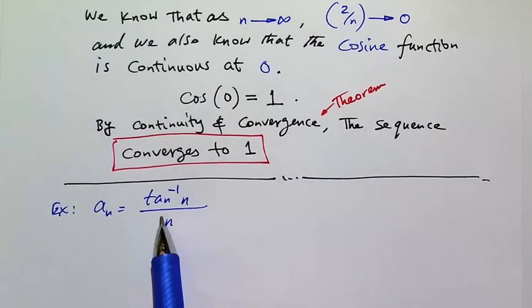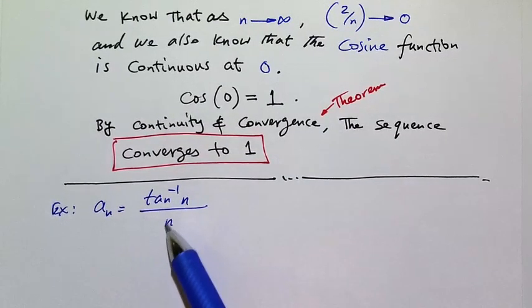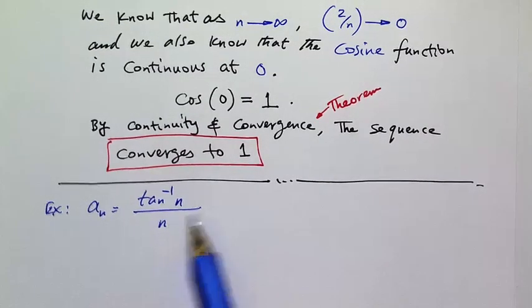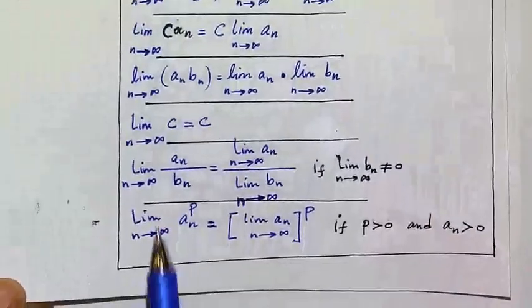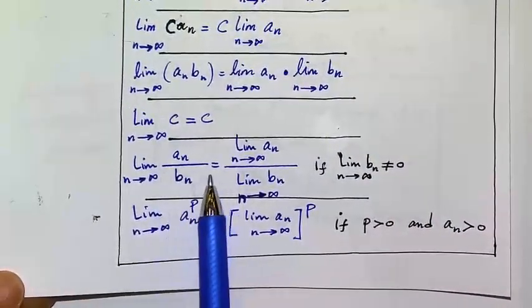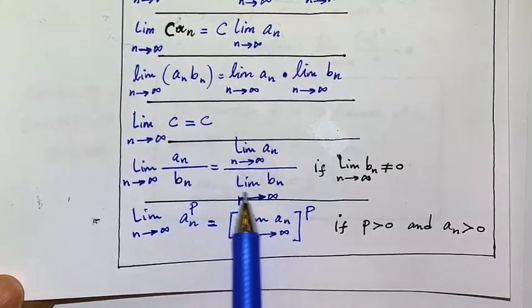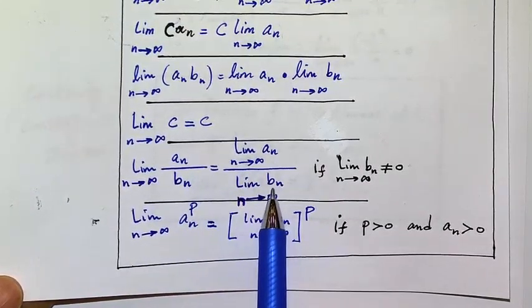So as we take the limit of this, remember one of the first things that we discussed, a limit of a sequence that is a ratio, we can break this up into the limit of the numerator over the limit of the denominator, right?